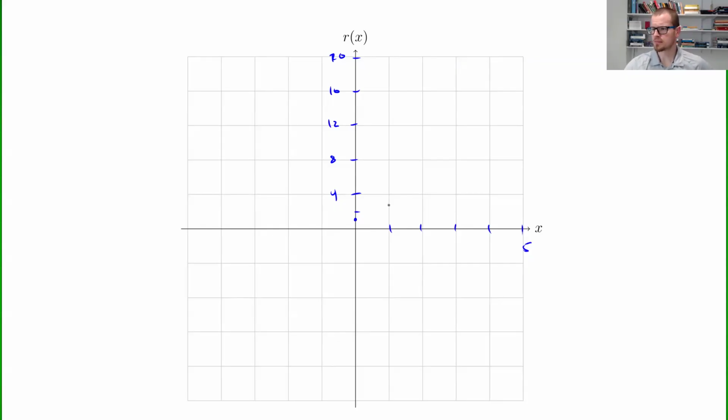So it's going to move up by 2 to right here, up by 2 to right here, up by 2 to right here, up by 2 to here, and up by 2 to here. So it doesn't look very steep because of the scaling that we have done. Oh, not there, but here. There we go. Here, here, here, and here. That looks pretty good. Lots of dots for me to connect.